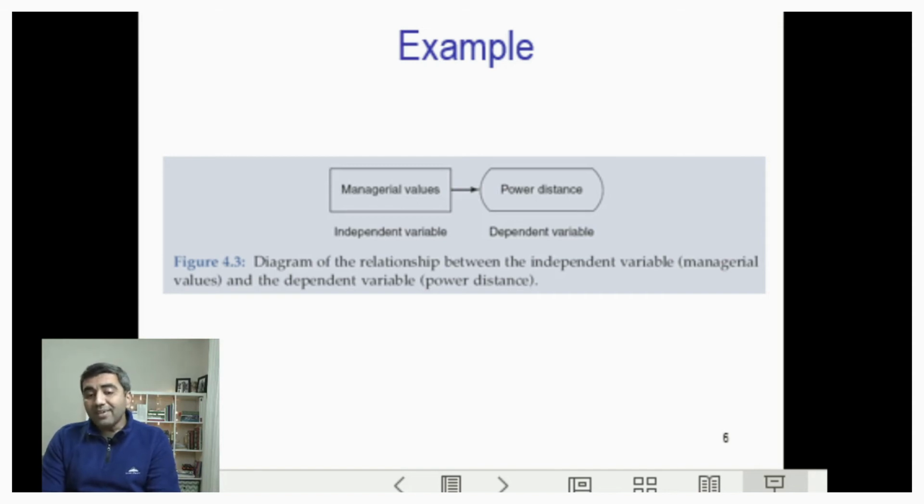So what we see here is that power distance, that is, open interaction between the boss and the employee, versus the high power superior in limited interaction with the low power subordinate, is the subject of interest. And therefore, it becomes the dependent variable, whereas managerial values that explain the variance in power distance comprise the independent variable.